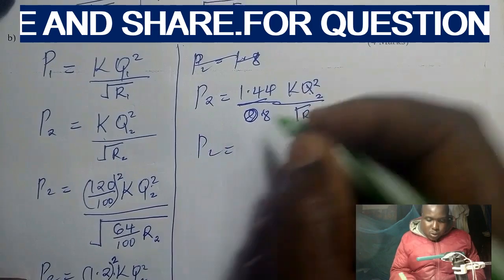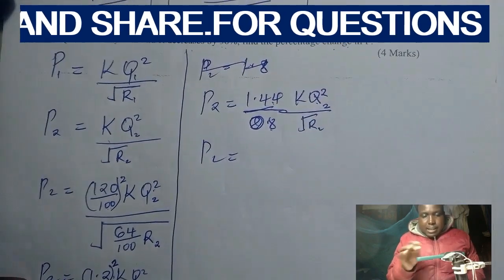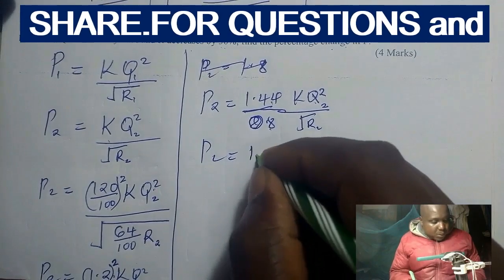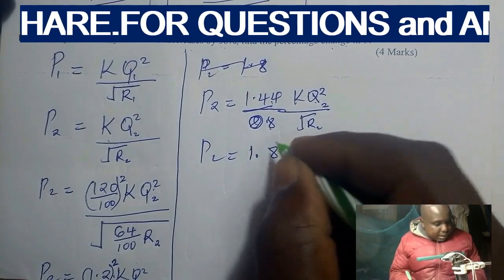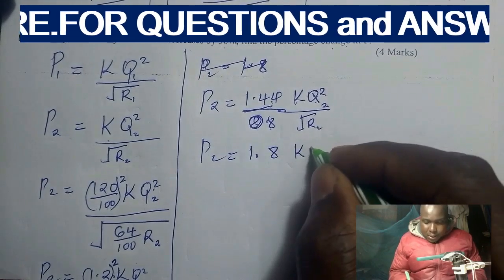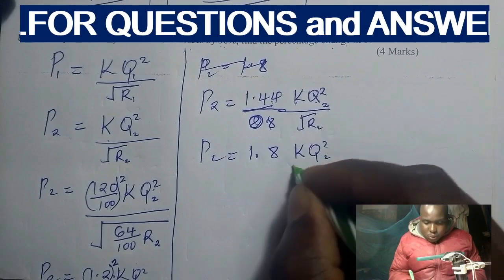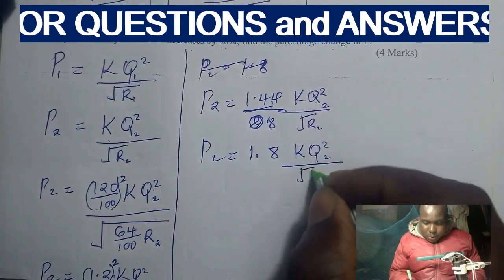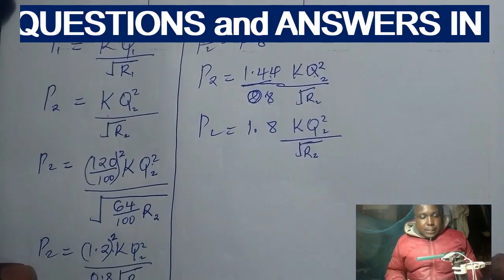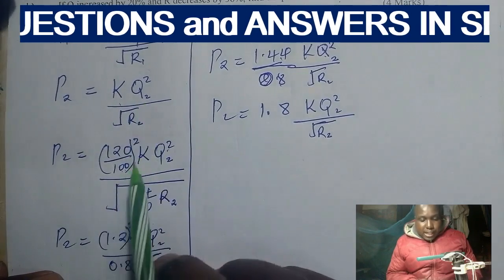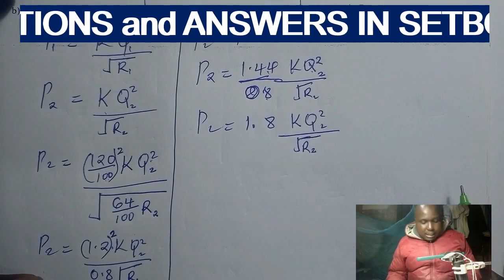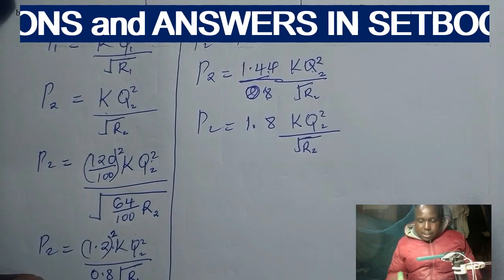So P2, you divide by this, 1.44 divided by 0.8, you get 1.8 K Q2 divided by root R2. Remember, it was squared. You must remember to square. Please don't forget that.